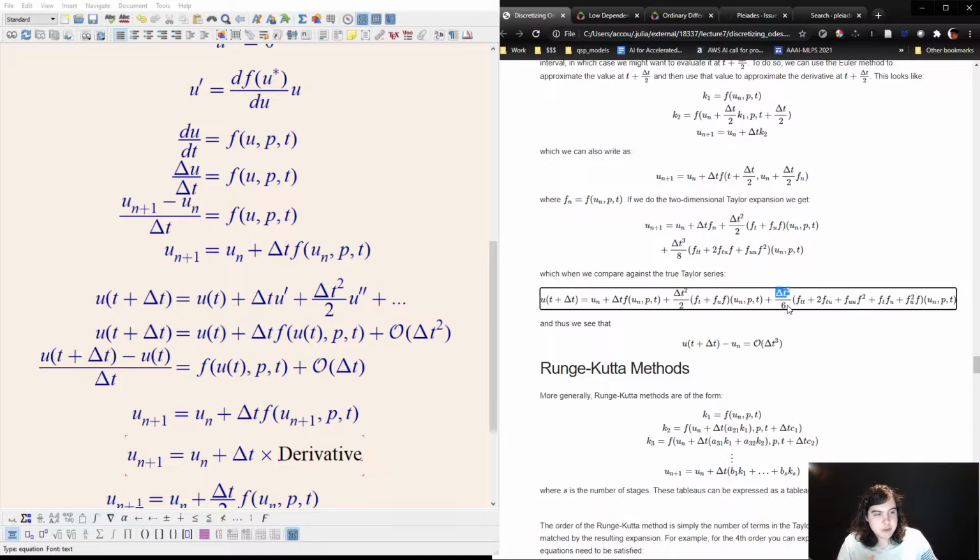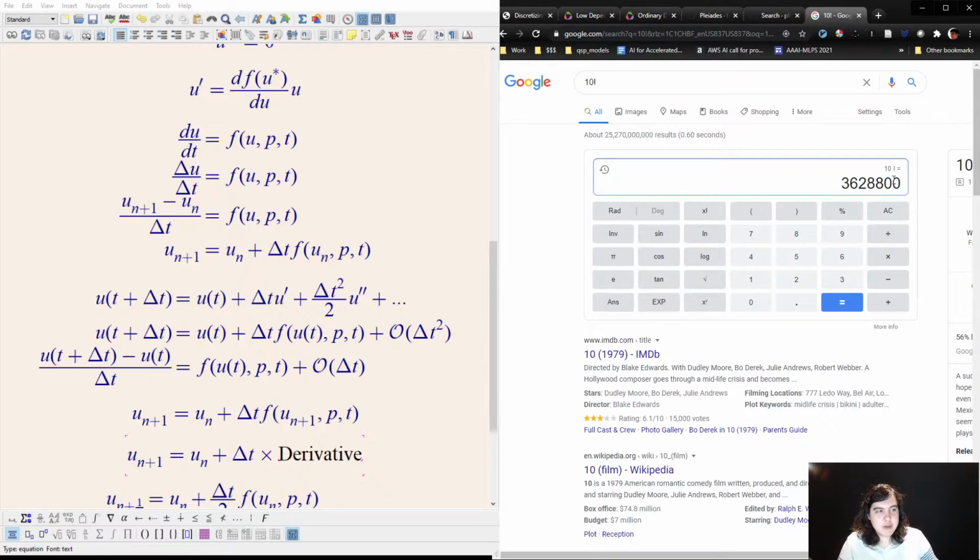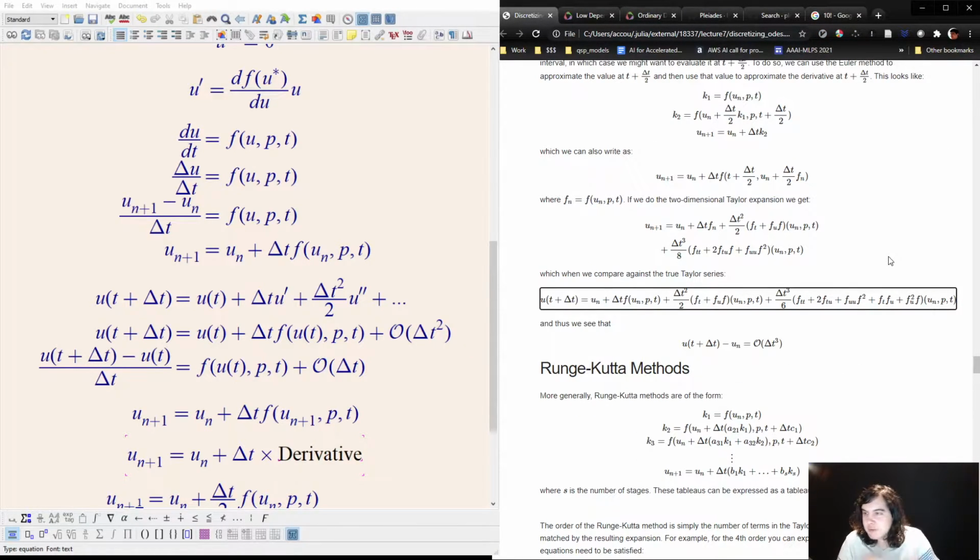Notice that this term right here is growing like a factorial as you go further out. If you have a 10th order method, 10 factorial is a really big number. So you can assume that even if delta t isn't 0, you have delta t to the 10th power divided by a really big number, and whatever terms are left over have got to be small, right? So in general, you can think of higher order as going to be a better approximation.